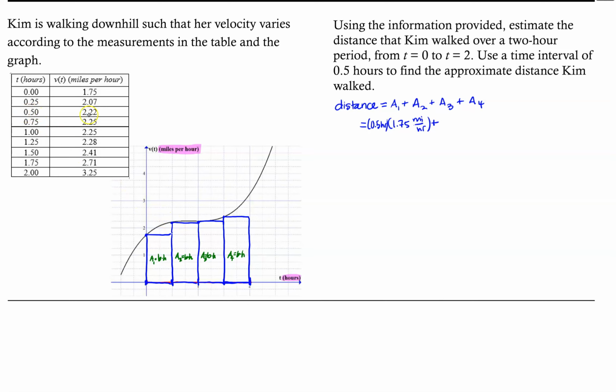Our velocity at 0.5 hours is 2.22. And the base of our rectangle, again, is 0.5 hours. So we're going to have 0.5 hours times 2.22 miles per hour. Moving on to rectangle 3, we're interested in the velocity at 1 hour.